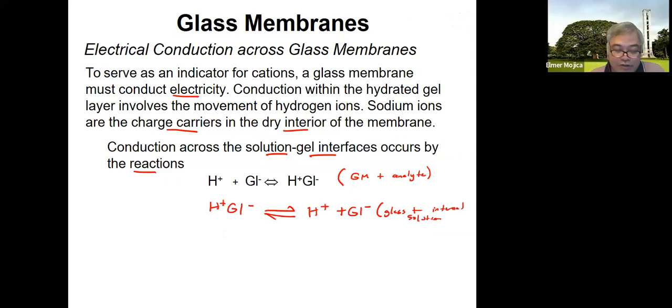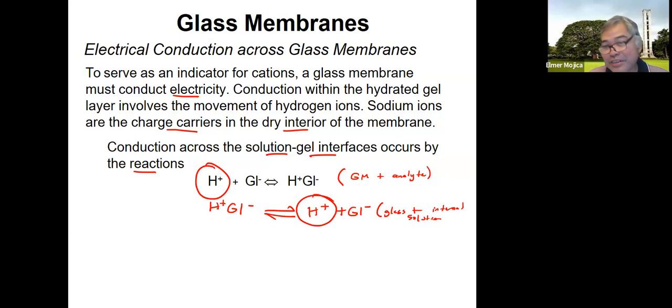Now, since they are reversible, which do you think decides the position of these two equilibrium systems? What do you think happened to the positions of these two equilibria? They are both determined by the H plus on the inner and the H plus on the outer membrane.